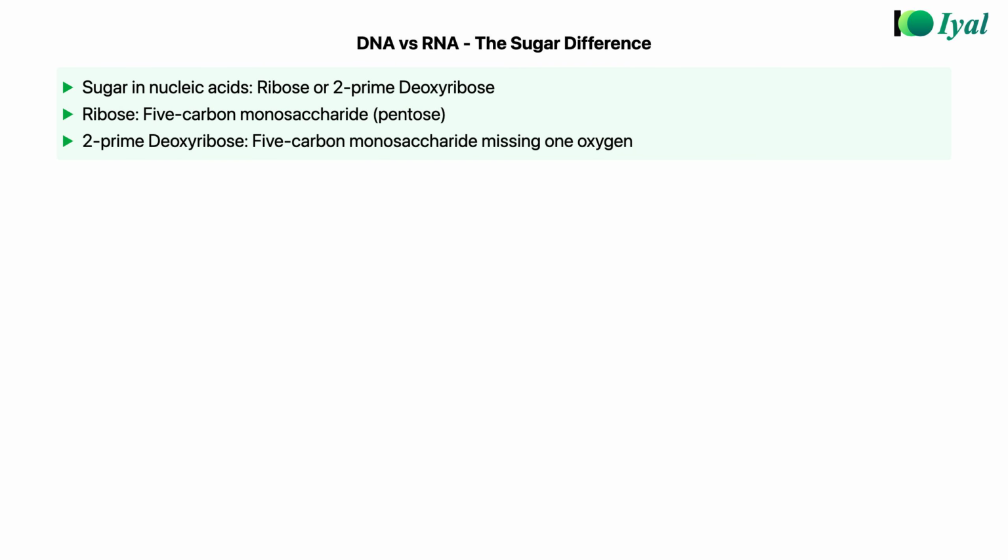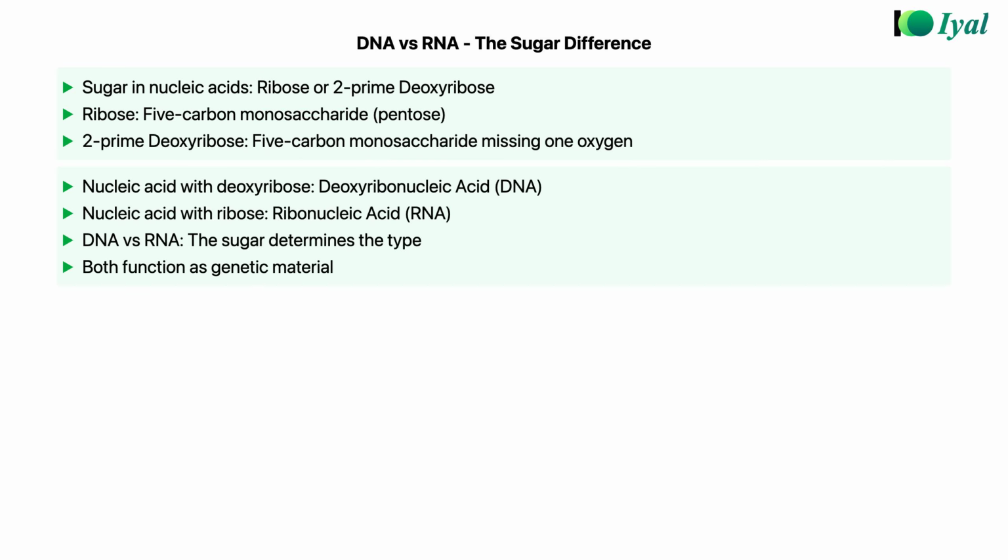Here's the critical difference between DNA and RNA. The sugar component can be one of two types. Ribose is a 5-carbon sugar, a pentose. 2'-deoxyribose is also a 5-carbon sugar, but it's missing an oxygen atom compared to ribose. That small difference makes a big difference.